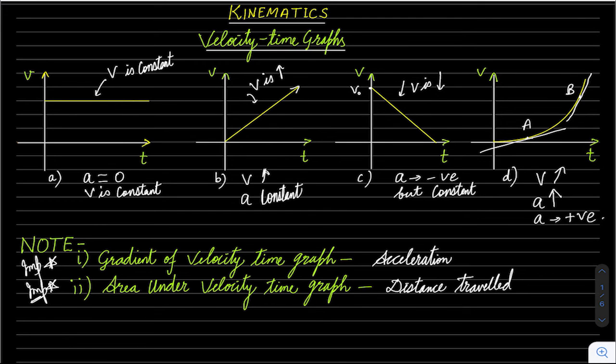And sometimes this area under a velocity time graph gives displacement also. That we will talk about when we see some questions, what's the difference. In all the cases, area gives you distance, but in some cases it can also give you the displacement. We will see that when we try some questions on this.